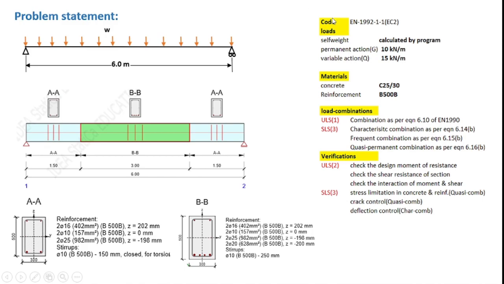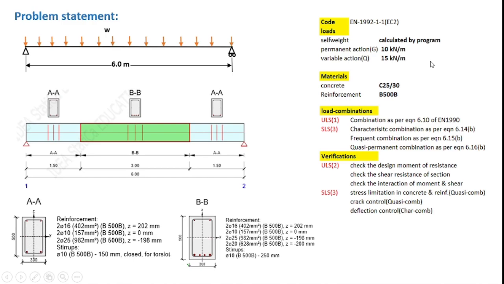Now coming to the code, we have used the European code EC2, that's EN 1992-1-1, as the basis of the design. The various loads considered in this tutorial for this beam consist of self-weight, which is automatically calculated by the program, then the permanent action, which is identified by the symbol G in Eurocode EN1990, that is 10 kN per meter, and the variable action Q, that is 15 kN per meter.